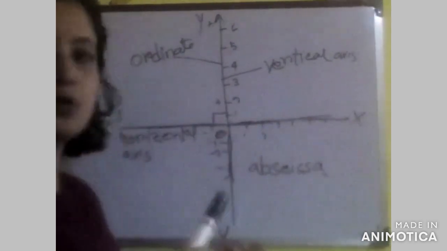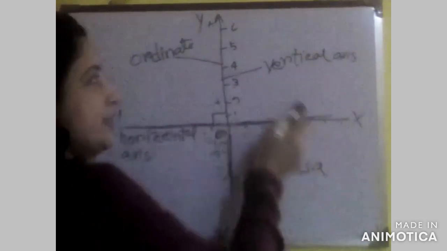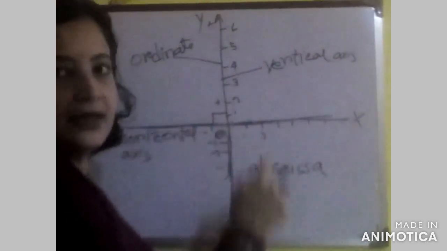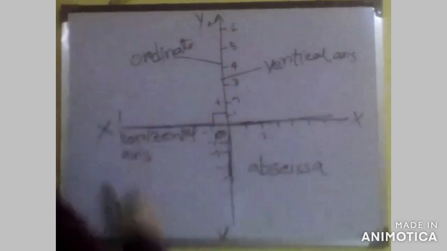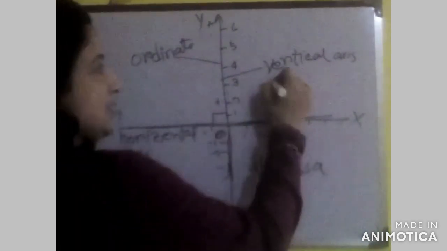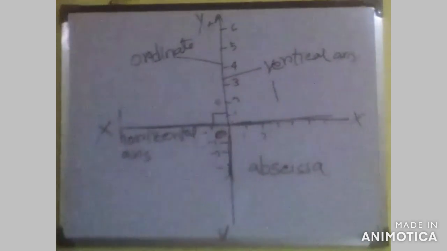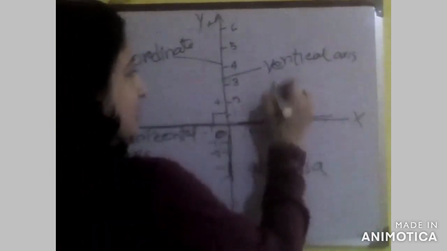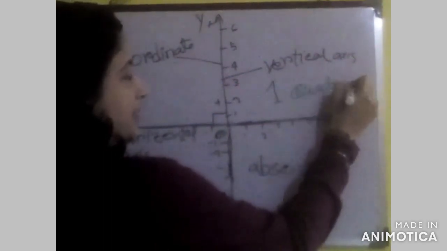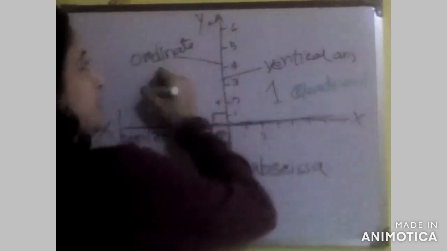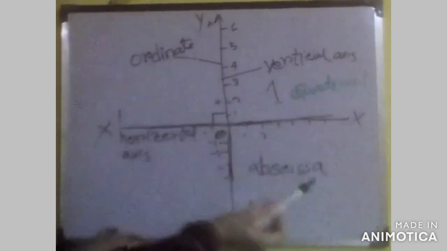Each of the spaces is called a quadrant, and to name each quadrant, we always move in the anti-clockwise direction. If this is the first quadrant, then we will move this way, because it is the anti-clockwise direction.